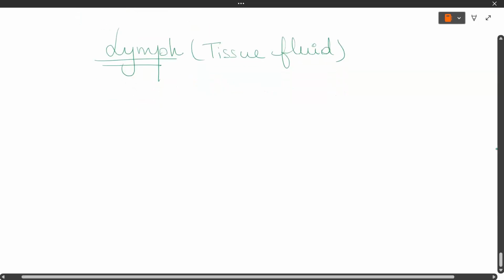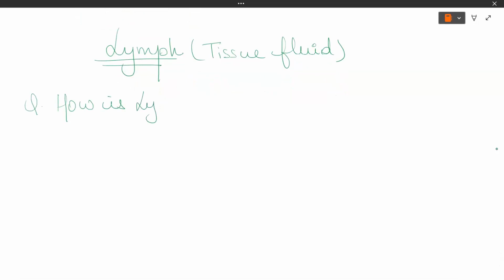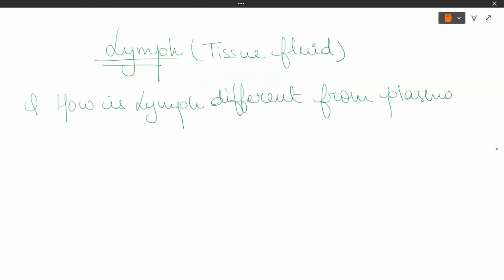Now, there may be a question that would ask you, how is lymph different from plasma? Lymph and plasma are both different types of fluid apart from the blood.